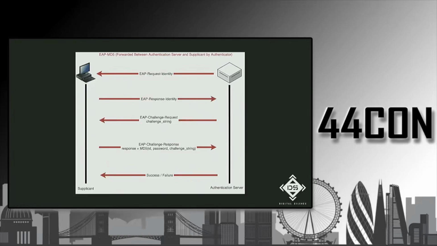It's going to take the supplicant's password, username, and also the challenge string that it generated earlier, and put it through the MD5 hash function itself. And if the output of the hash function is equivalent to the challenge response received from the supplicant, then the authentication server is going to issue an authentication success, and the supplicant's going to be able to connect to the network. Otherwise, it fails and it can't.